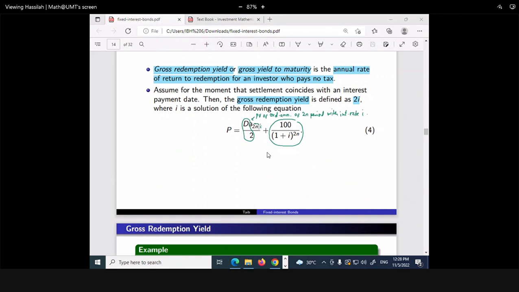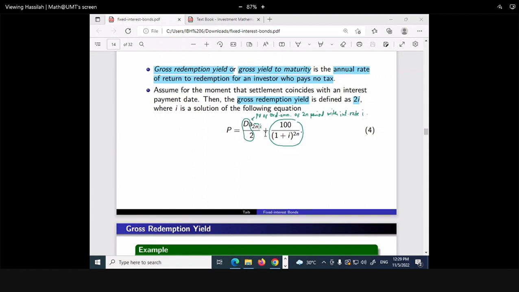Daripada timeline, you dah tunjukkan bahawa you discountkan, this part adalah discounted ataupun present value bagi coupon payment, and this one is present value of the redemption amount ataupun dia punya nominal value you discountkan ke masa kosong.